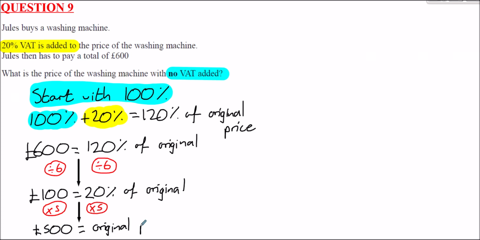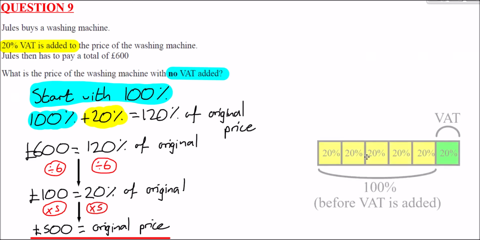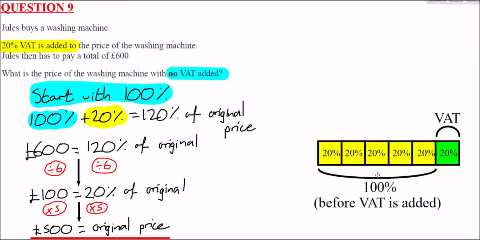I'll just show you a graphic which might illustrate this a bit clearer as well. So in a similar way, you can picture it like this. So 100% is what we start off with, 20% is what's added on to that. And so 100% plus 20%, that must be the full £600 like it says here.